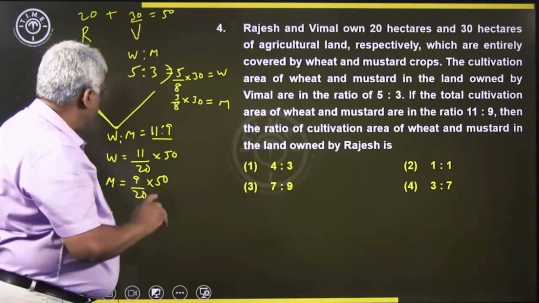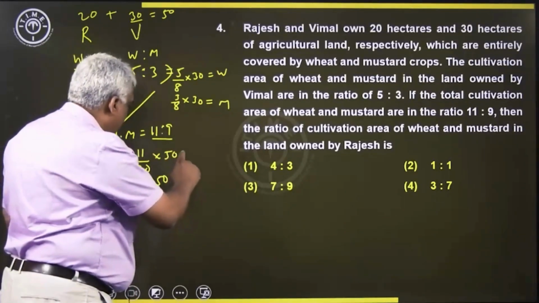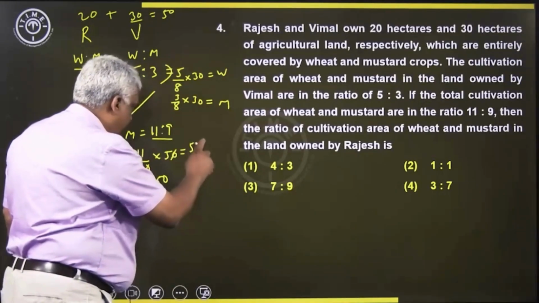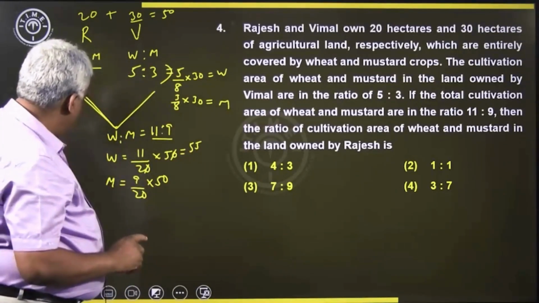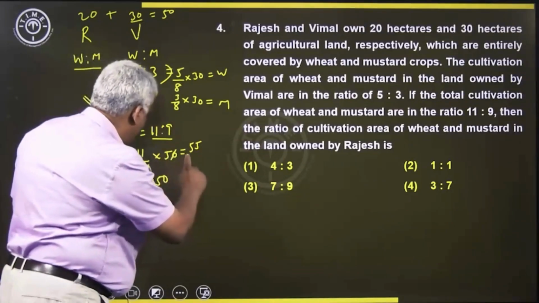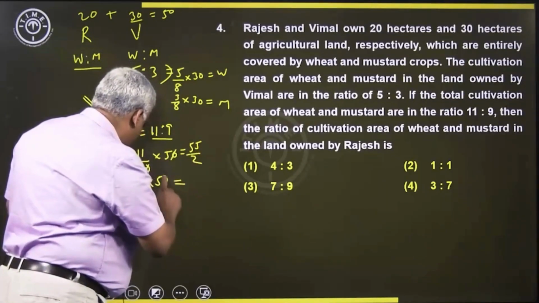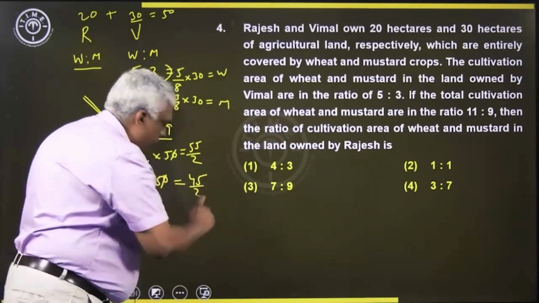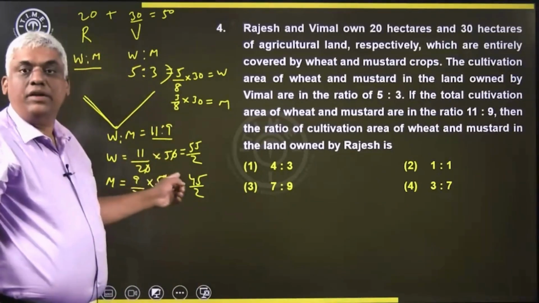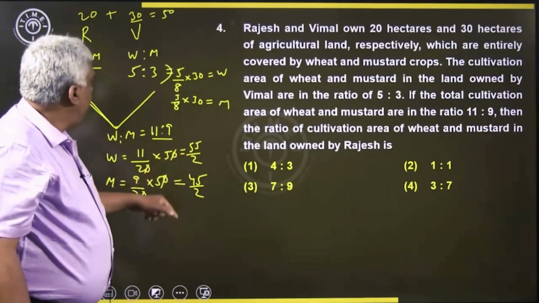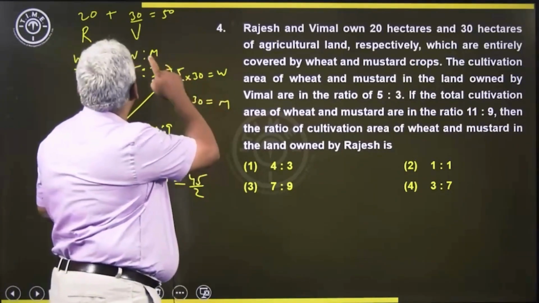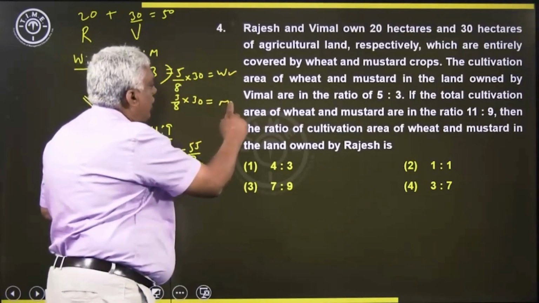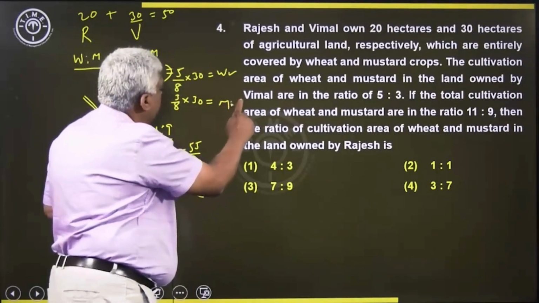Now, it will cancel, and it will be 55/2, and this will be 45/2. This is the total area under wheat and mustard. Out of this, the total area under wheat for Bimal is this, and the total area under mustard cultivation is this for Bimal.